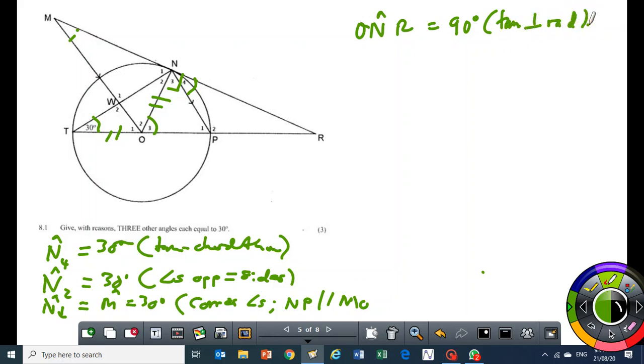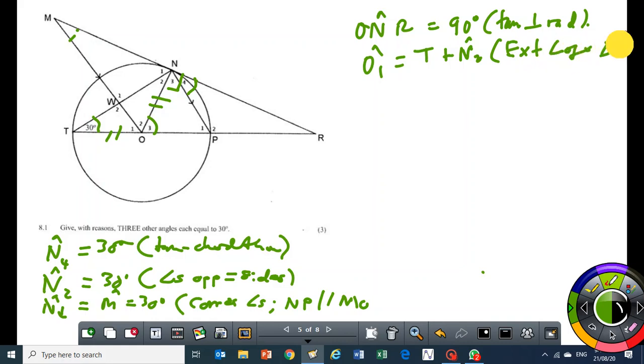And then O1 will be equal to angle T plus angle N2. My reason there is the exterior angle of a triangle. So O1 is going to be 2 times 30, which is 60 degrees.